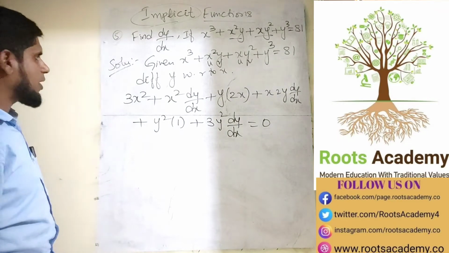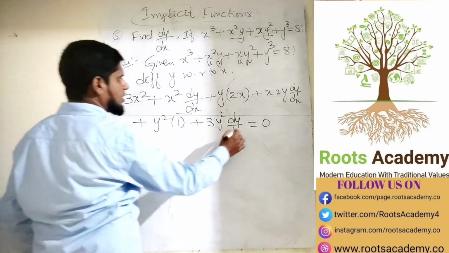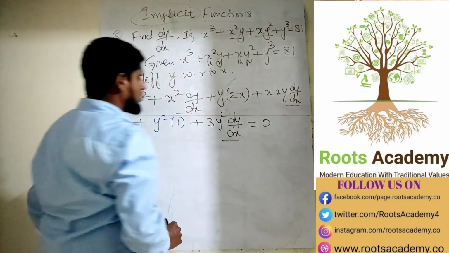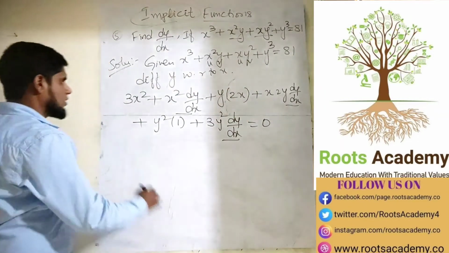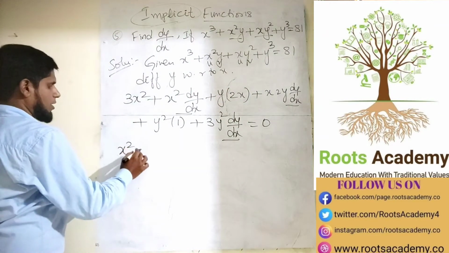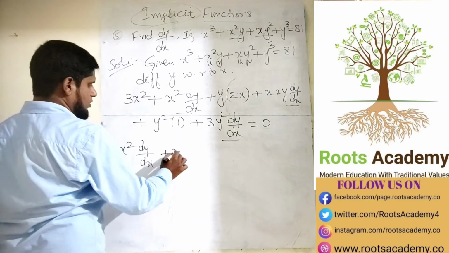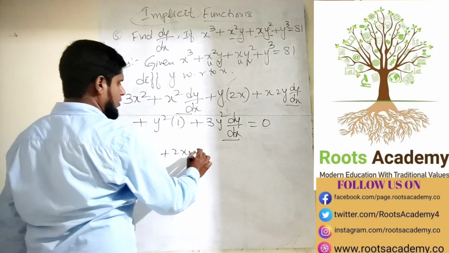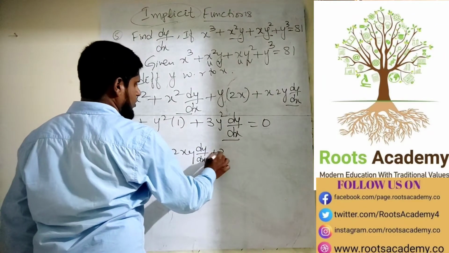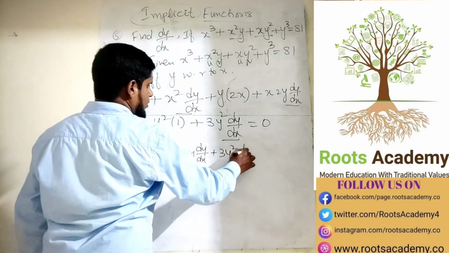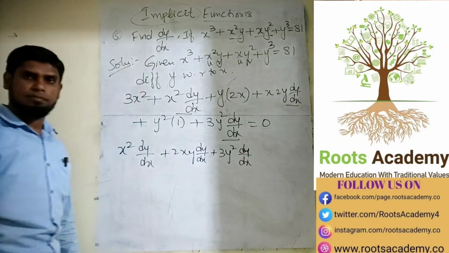So finally what I am getting, I have 3 dy by dx terms. Then other terms I will shift to the other side. I have x square dy by dx plus 2xy dy by dx plus 3y square dy by dx.